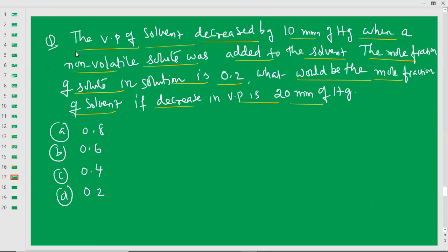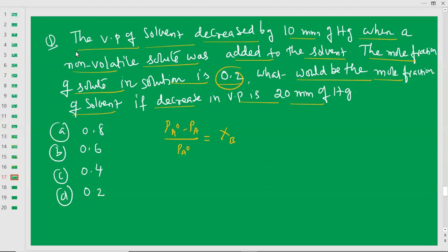We know one thing, that the RLVP is equal to mole fraction of solute. What is RLVP? (P naught minus PA) by P naught, that is equal to XB. XB is mole fraction of solute, that is 0.2.